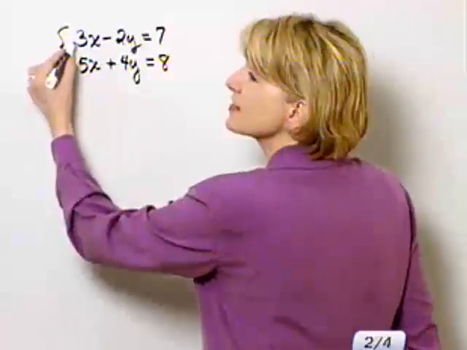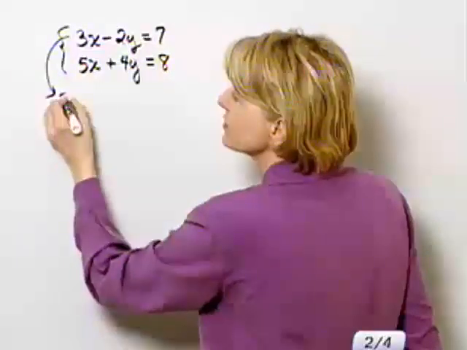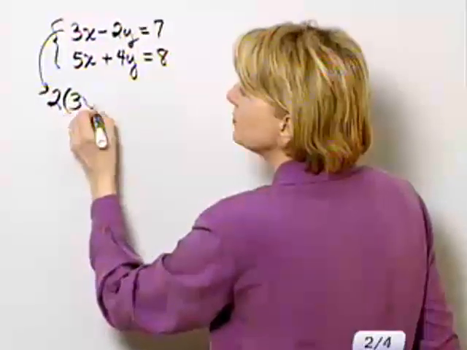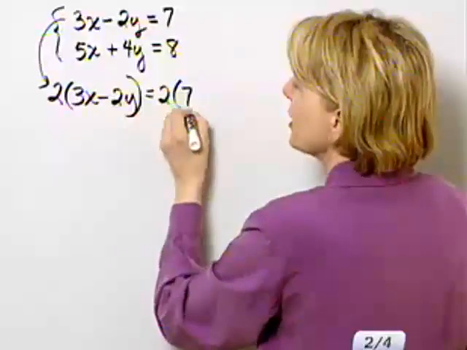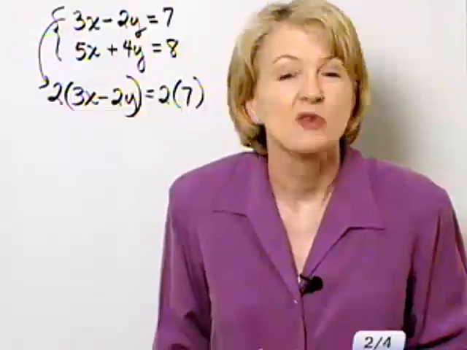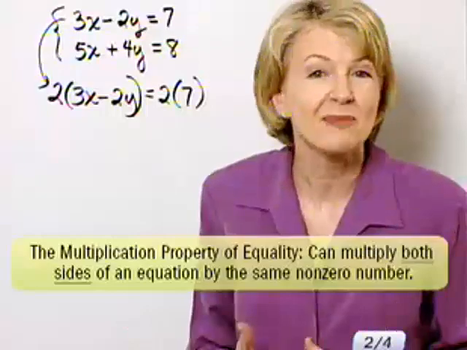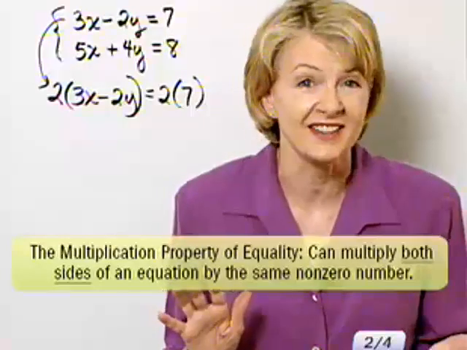Let's take this first equation. We'll multiply the left side by 2, and the right side by 2. Now, how am I allowed to do this? Remember, by the multiplication property of equality, we can multiply both sides of an equation by any non-zero number.